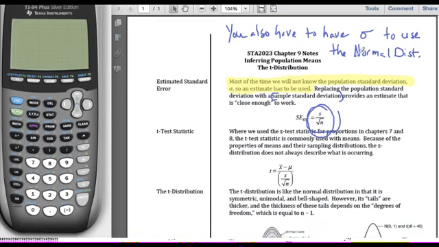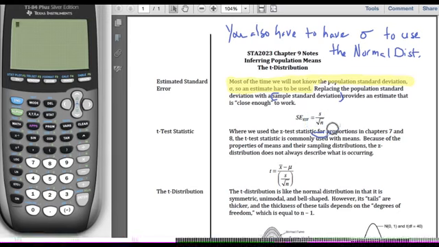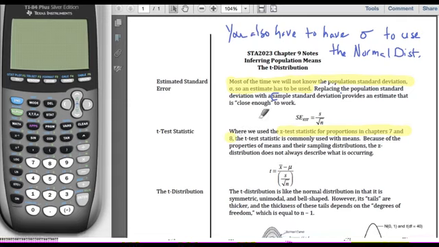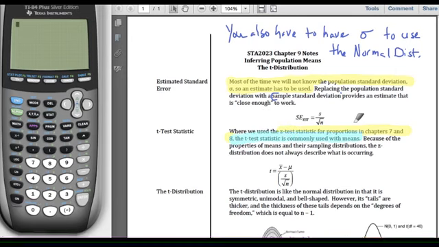And when we don't have sigma, we can't use the normal distribution, so some things go out the window. One thing that goes out the window is the z-test statistic. We used to use the z-test statistic back in Chapter 7 and 8, especially in Chapter 8 with our hypothesis test. But the t-test statistic is commonly used with means. And we're going to make that division right here.